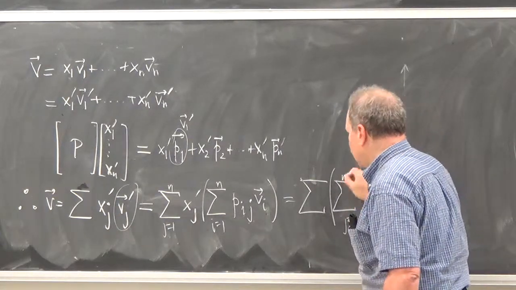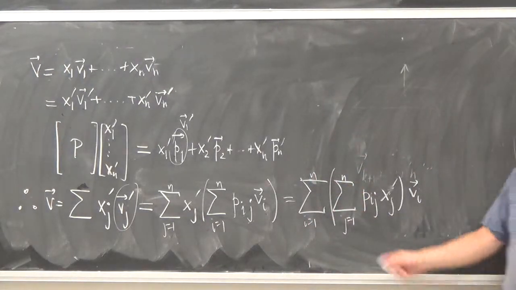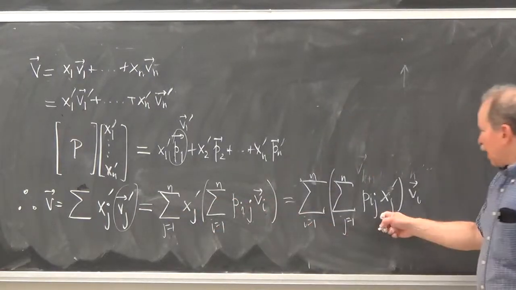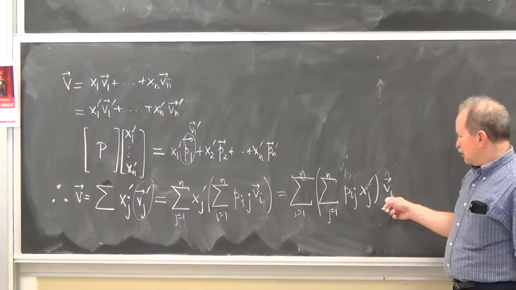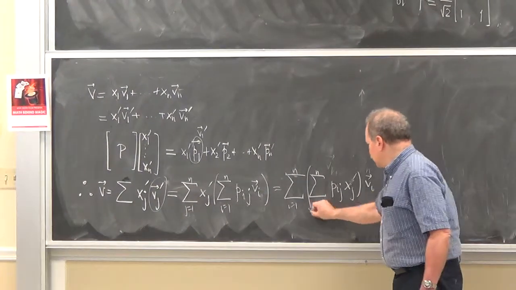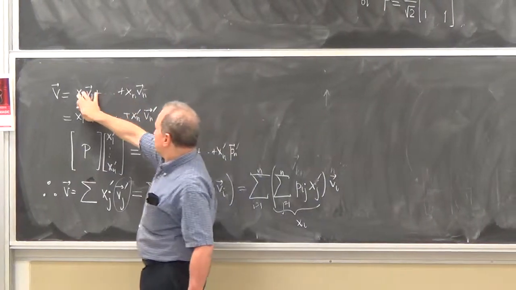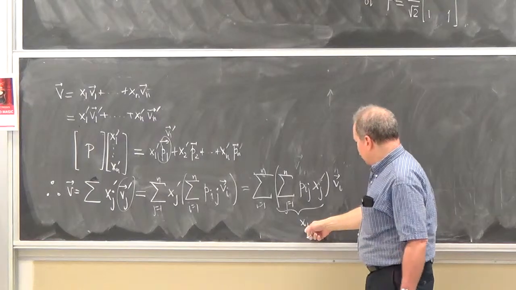So what have I done? I've switched the sum order here. I've done this to you before. Just multiplying these times these, adding them up, saying that's the coefficient of Vi. Well, then that's what xi is, because by definition the coefficient of Vi is xi. So what does this equation say?